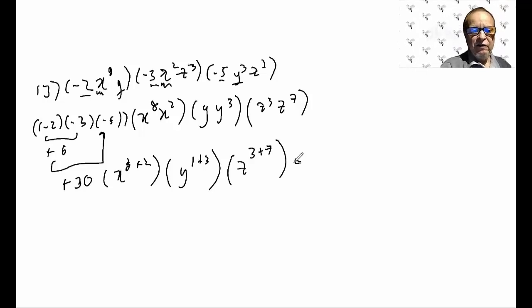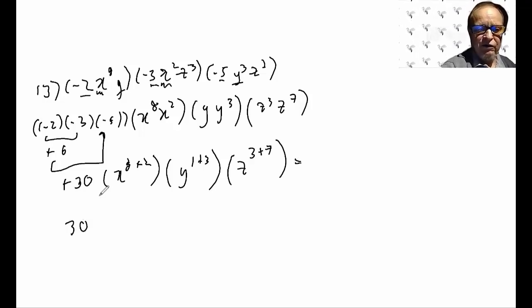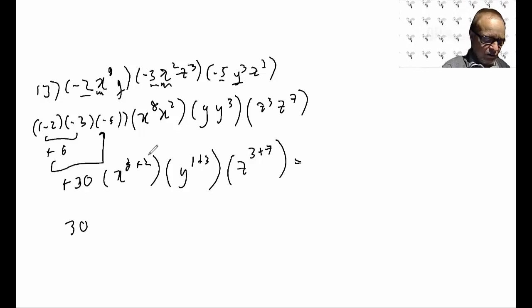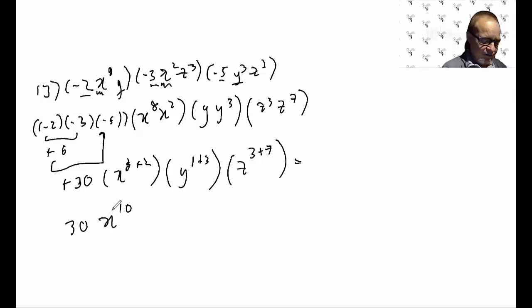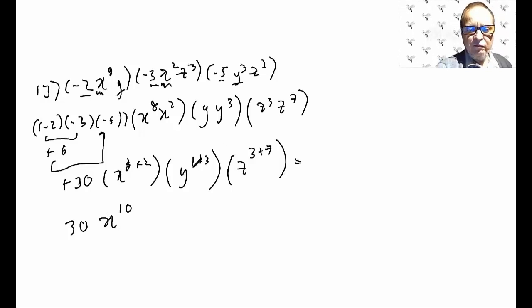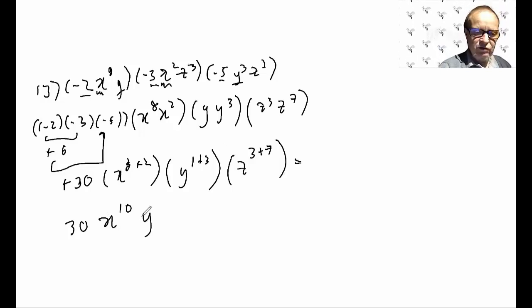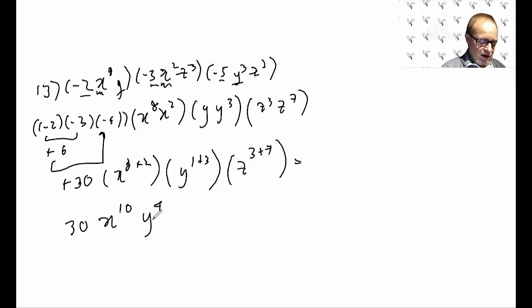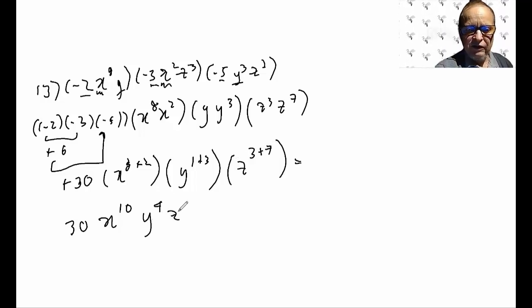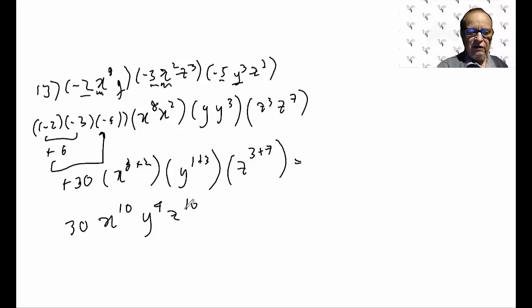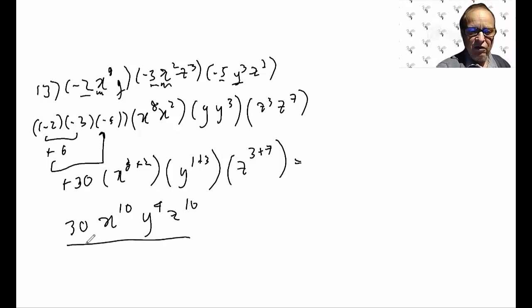And then I'll carry the 30 down, and x, 8 plus 2, well, that will give me x to the 10th. And then 1 plus 3, y to the 4th. And then finally, 7 plus 3, z to the 10th. And that's my final answer.